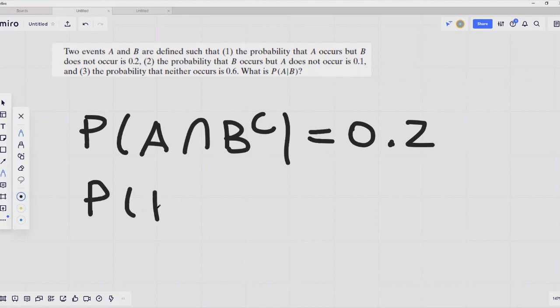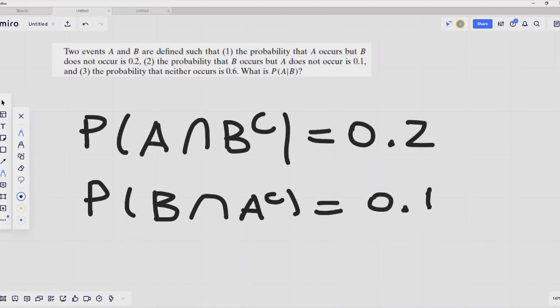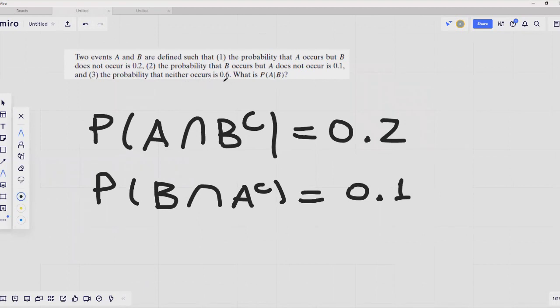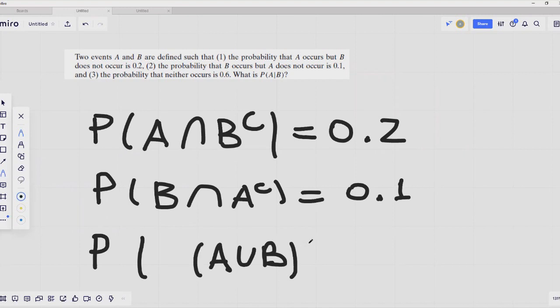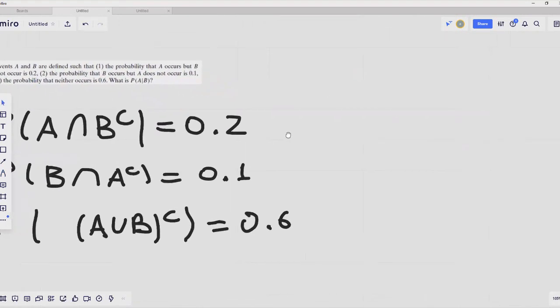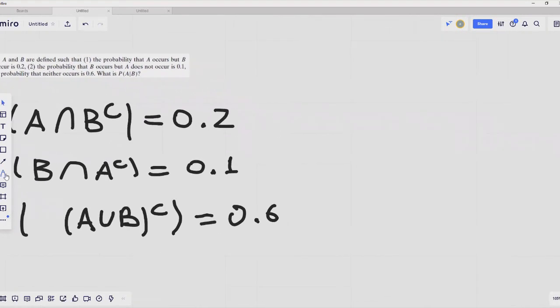So the probability of B intersection with A complement is given as 0.1. The probability that neither occurs is 0.6. By neither occurs, we mean everything outside of their union. So the complement of A union B is given as 0.6. What is the probability of A given B?